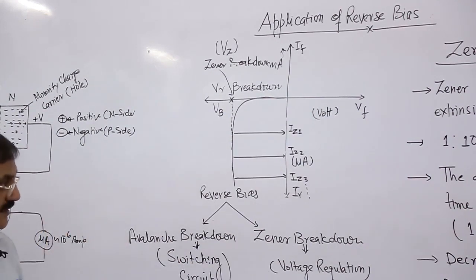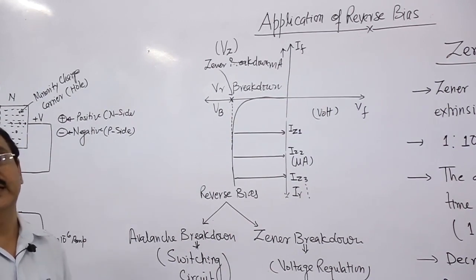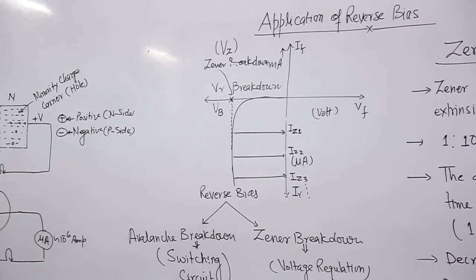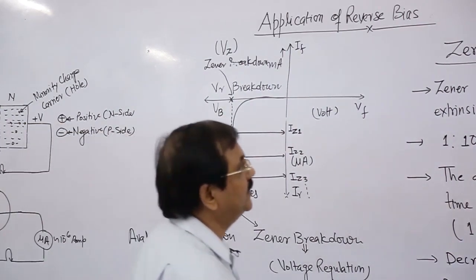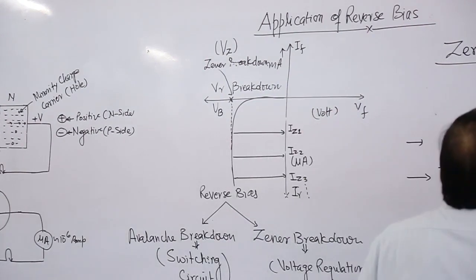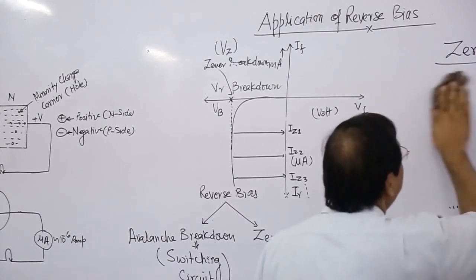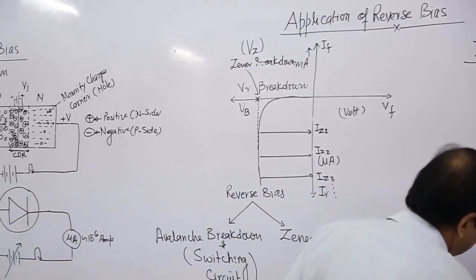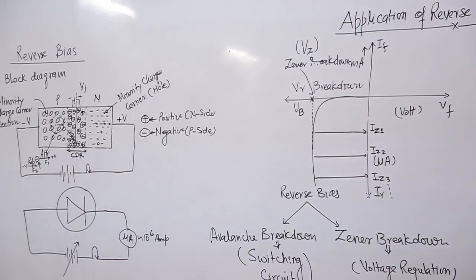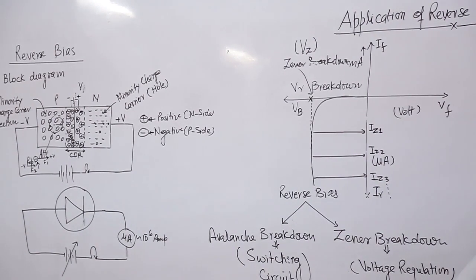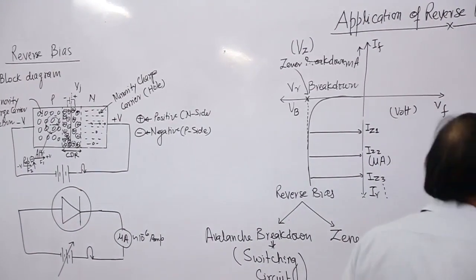This is the important concept regarding the Zener diode. Now, the question is how this is used for regulation. For this we have a circuit in which the Zener acts as a regulator.